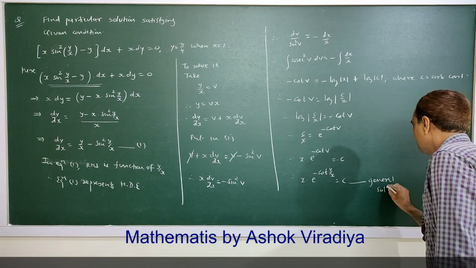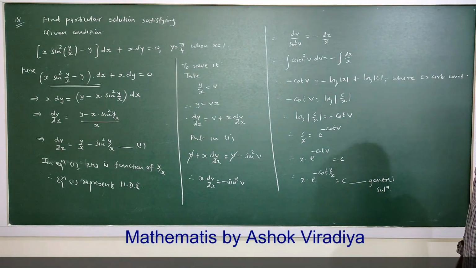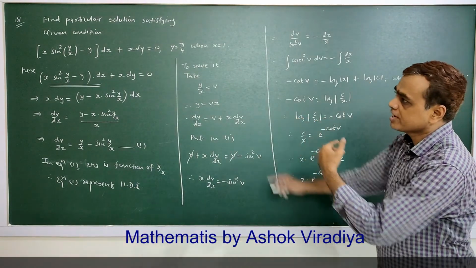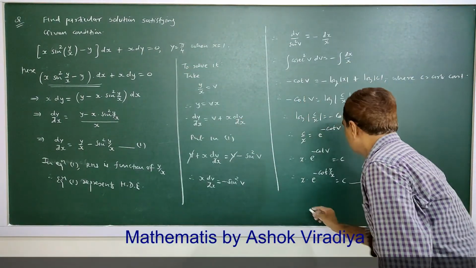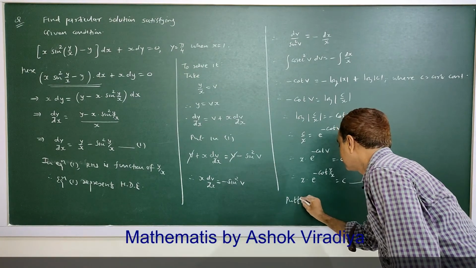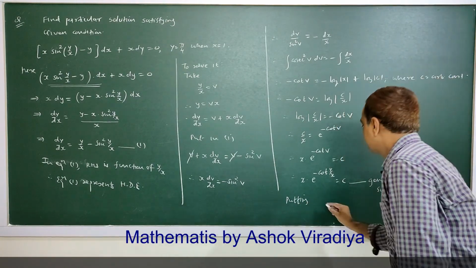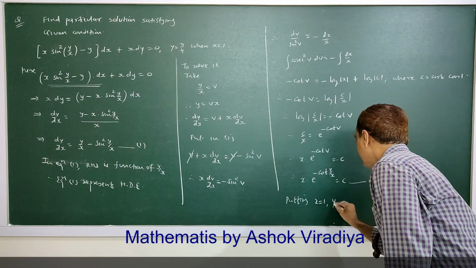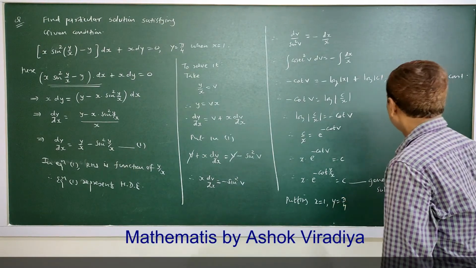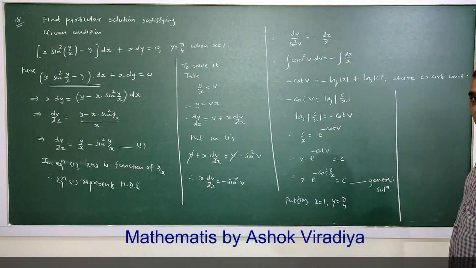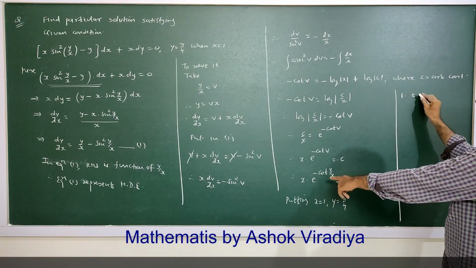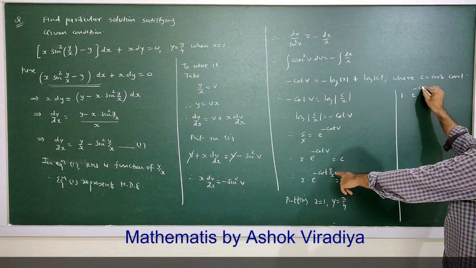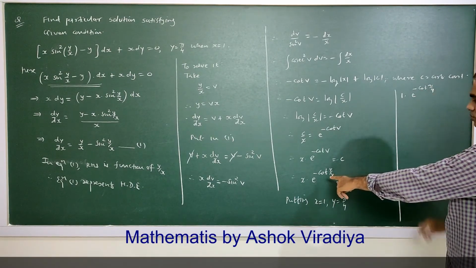We want particular solution. So to get particular solution, now we are putting condition. When x is 1, y is pi by 4. So putting conditions, x is 1, y is pi by 4, so minus cot pi by 4.